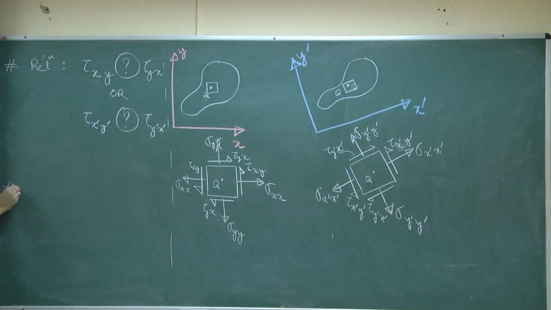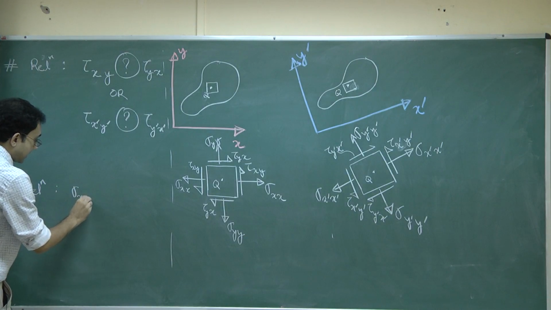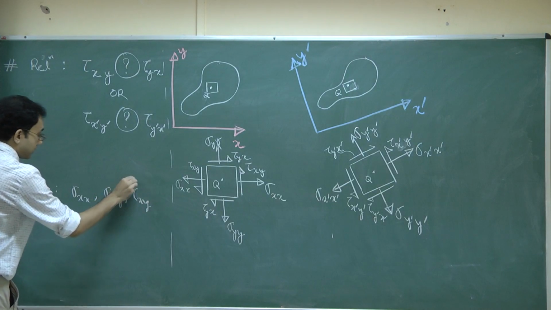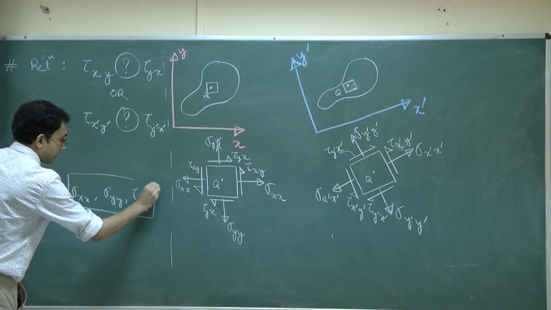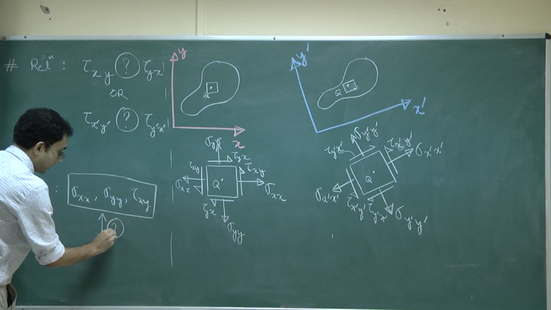And second, and this is the second relationship that I am going to ask, it will directly be the topic of discussion of that heading, transformation of stresses. So, what is the relationship between sigma xx, sigma yy, tau xy, this entire thing? What is that relationship?